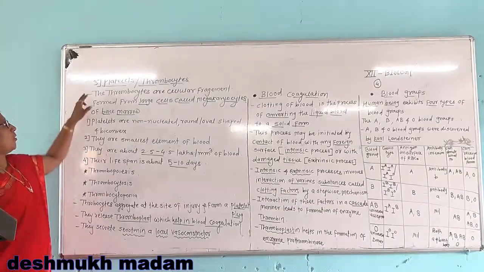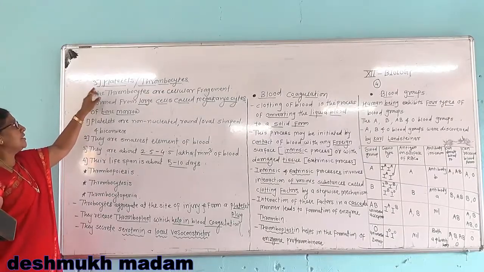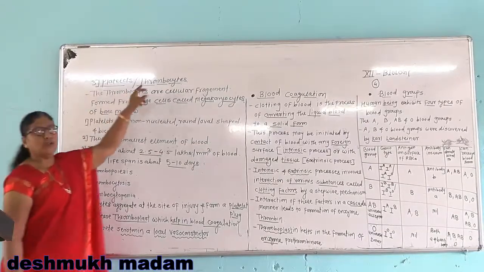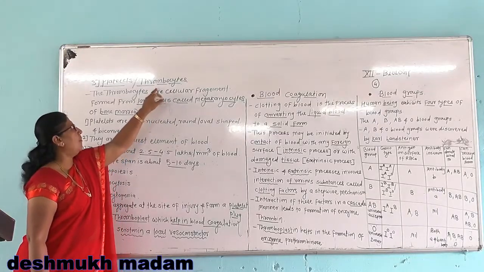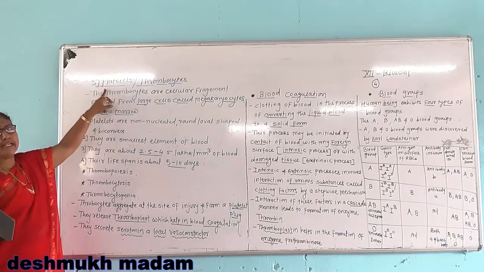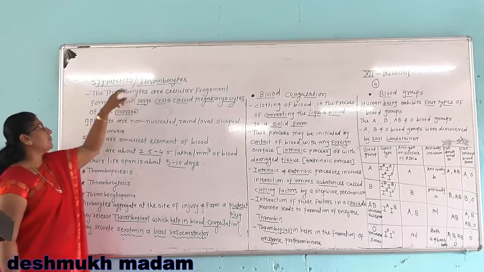Next, the third formed element of blood is the platelets or thrombocytes.